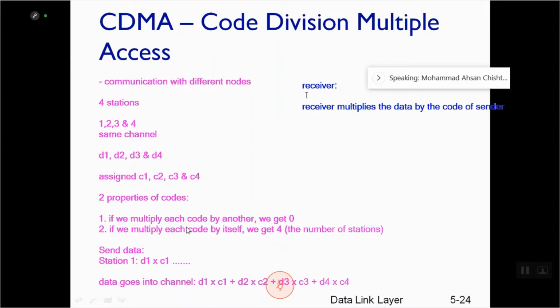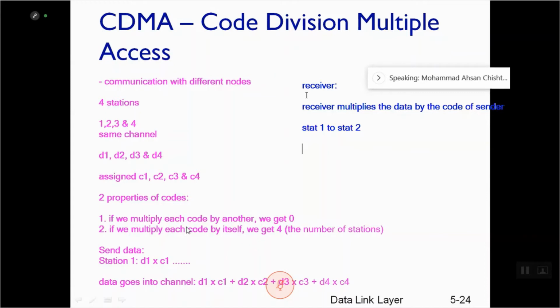What do we mean by that here? If station 1 is sending to station 2, in other words, station 2 wants to hear what station 1 is sending, but the data that the receiver station 2 got here has the data of stations 2, 3, 4 as well, because it's sent all together.